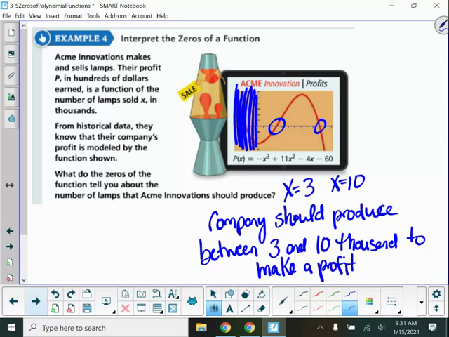And even further, you would probably want to be about halfway between the 3 and the 10, because that's where it looks like our profit is going to peak. You could confirm that 3 and 10 are zeros using synthetic division, but I didn't go through that step here.